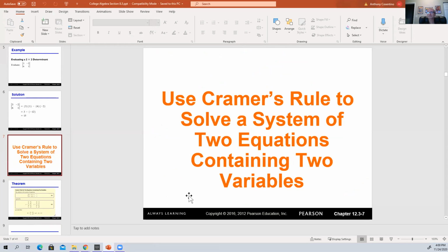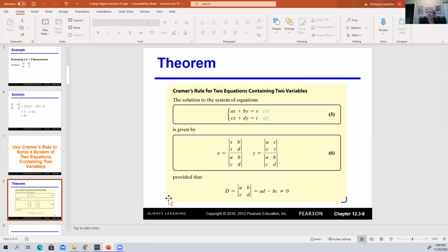We talked about inverses in section 8.4, but there are other ways to do it using determinants. And so here's Cramer's rule. This is on slide 8, and this would be a handy slide. I don't expect you to memorize this, but it is quite useful when you walk through this homework.